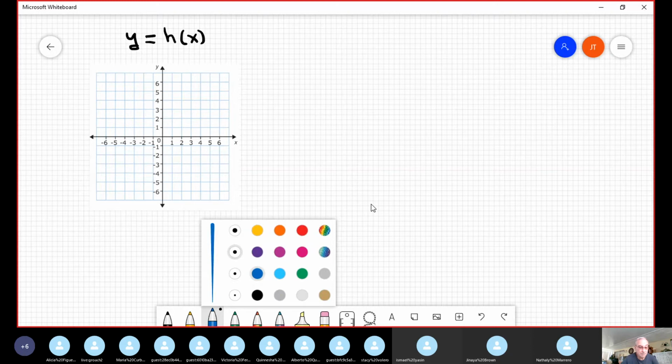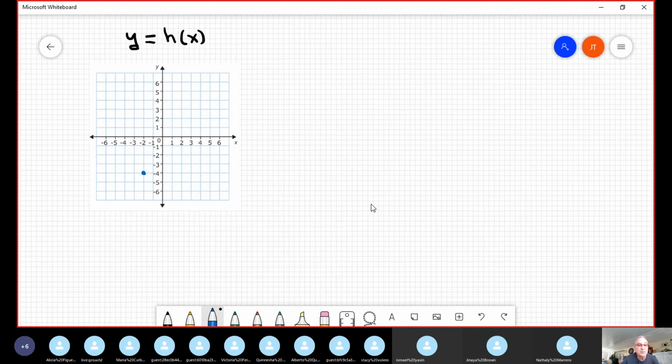Look, let me show you. Like that. We have one point at -2, -4 here. Then we have another point at 0, and 4, -2 is another point. Basically, my graph consists of one line segment here and another line segment here.